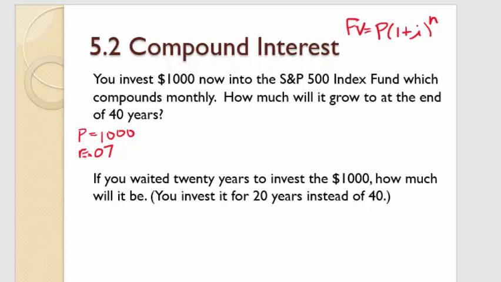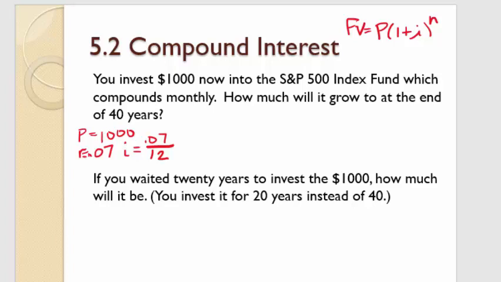But of course our formula has I, so we need to convert that to I. So I is the rate, 0.07, divided by how many times the amount is compounded per year. It compounds monthly, so that means the number of times compounded is 12 per year.